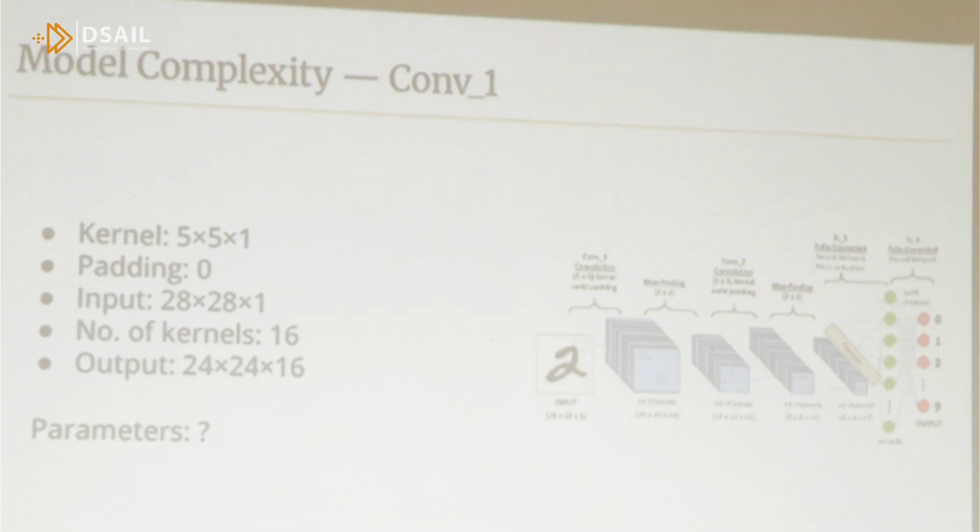So for this case, the kernel weight is 5 by 5 by 1, but it has a bias term, so it is 5 by 5 by 1 plus 1. That's 26. But how many kernels do we have? 16. So it's 26 times 16. The number of parameters in layer 1 that the model will learn is 416. Are we together on that point?